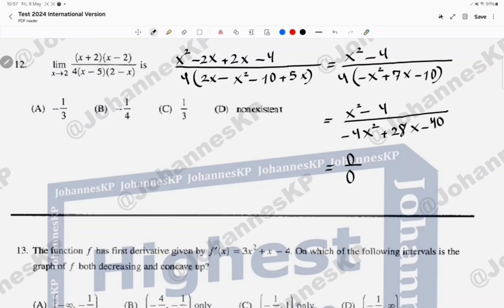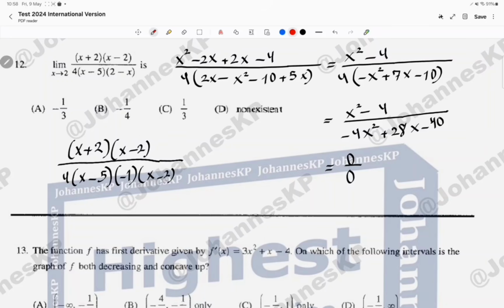How about I try to cancel the x minus 2 with the 2 minus x somehow? What I could do is factor out the negative from the 2 minus x. So negative 1 times x minus 2.